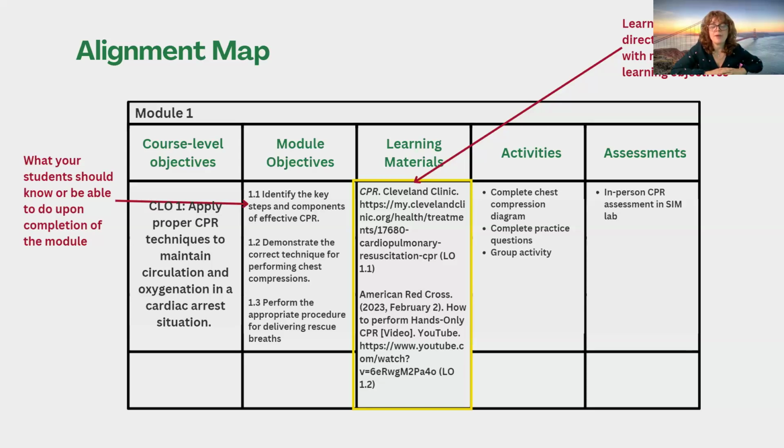But an alignment map is essentially a kind of blueprint for your course where you outline a module or a unit according to your objectives for that module, and then all the things that students will read, engage with, do, and be tested on throughout that module to help them achieve their objectives.